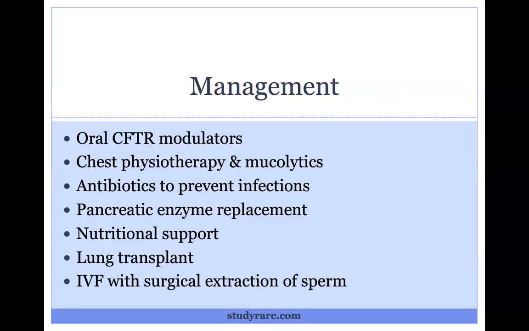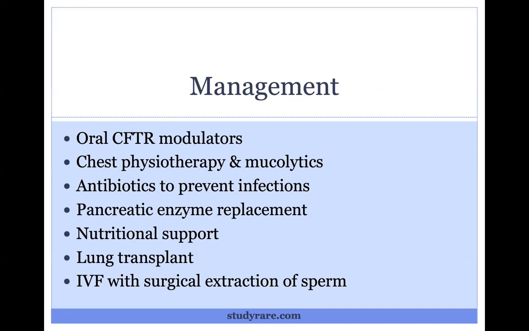So to discuss a little bit more about management, I've just talked about the oral CFTR modulators. So these are those small molecules that are targeted to specific CFTR genotypes. For pulmonary symptoms, chest physiotherapy and mucolytics are indicated to loosen the mucus and help prevent those infections and the buildup of mucus that can impede respiratory function.